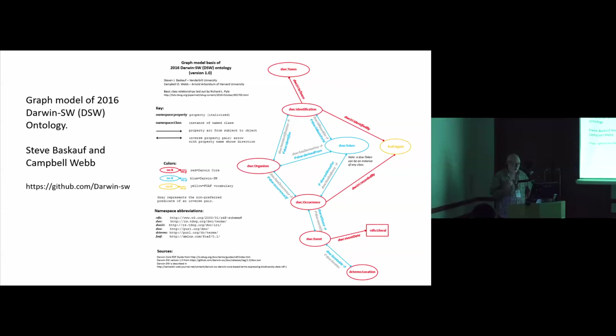Distributed queries or harvesting was the thing, and ultimately TDWG decided to go into the semantic web as the primary way of documenting concepts and semantics for our community. So after a lot of discussion online, Steve Baskauf and Campbell Webb came up with Darwin SW, the semantic web version of Darwin Core.